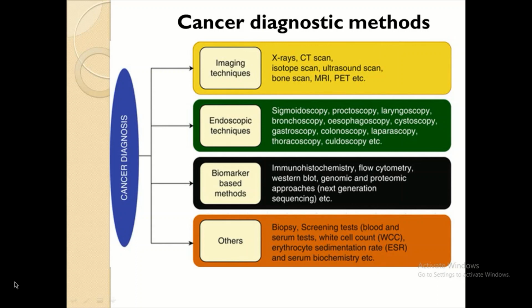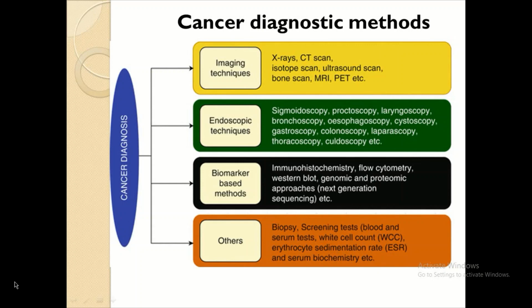In the blood serum test, there are specific cancer biomarkers, that is carcinoembryonic antigen and alpha fetoprotein. But unfortunately, if the carcinoembryonic antigen is detected at a higher level than normal in your blood, it implies only that cancer is there, but you don't know which organ is affected or where the cancer is.